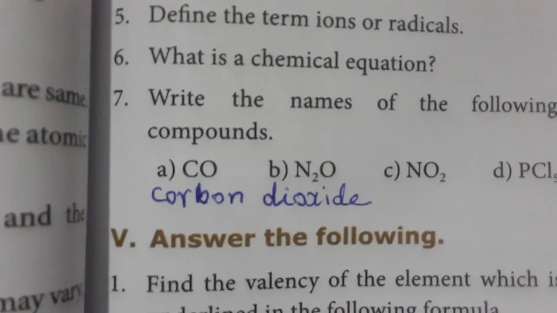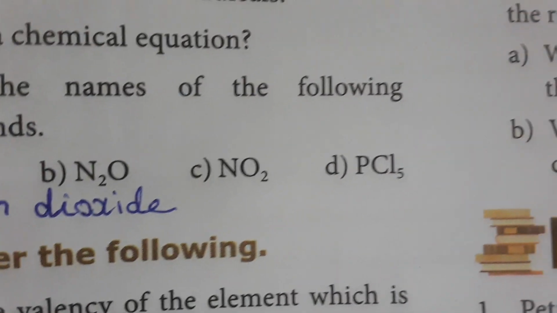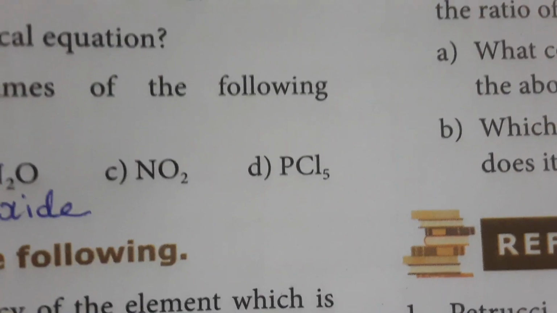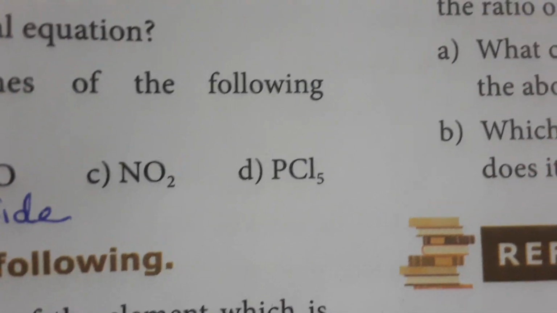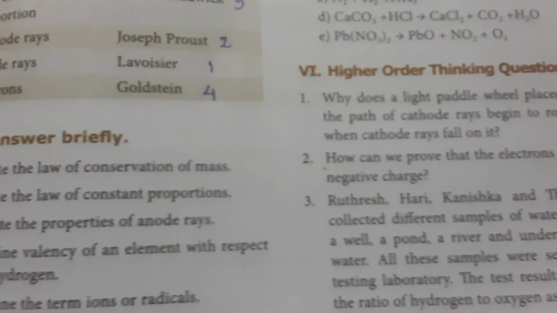See this: CO stands for carbon monoxide, N2O is nitrous oxide, NO2 is nitrogen dioxide, PCl5 is phosphorus pentachloride. Penta means 5, so phosphorus pentachloride.